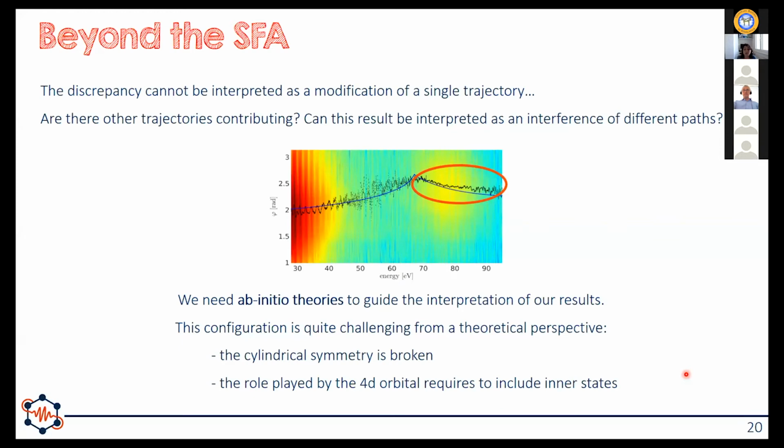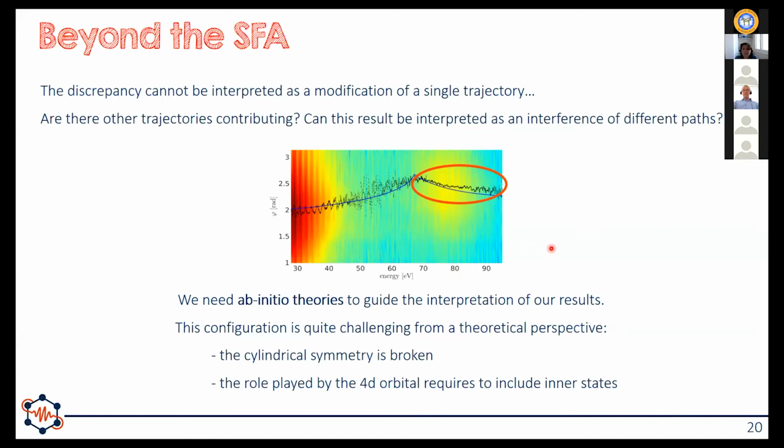But the configuration is quite challenging from the theoretical point of view, because we broke the cylindrical symmetry, so there's a 3-dimensional problem, because we have the second color in perpendicular polarization. And then xenon is a huge atom, we discovered that, with a lot of electrons, and you need to include the inner states if you want to look at the role of the 4d orbital.